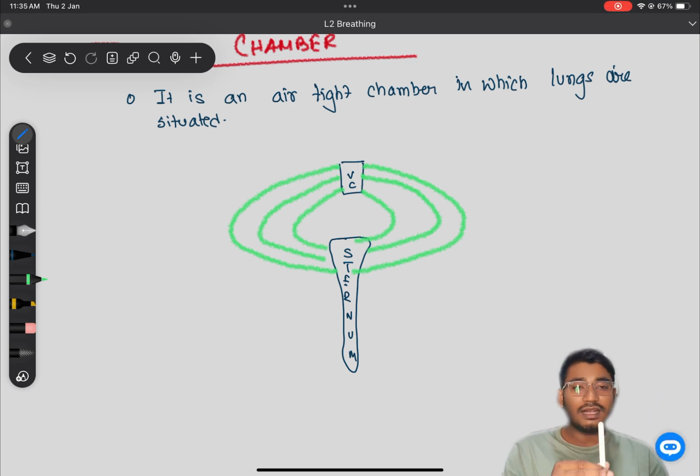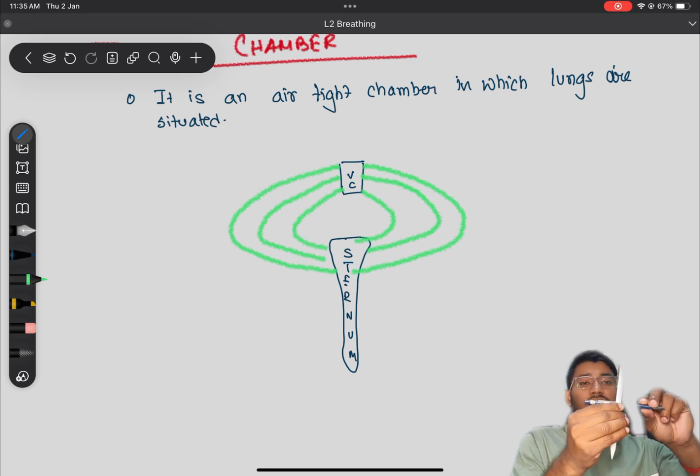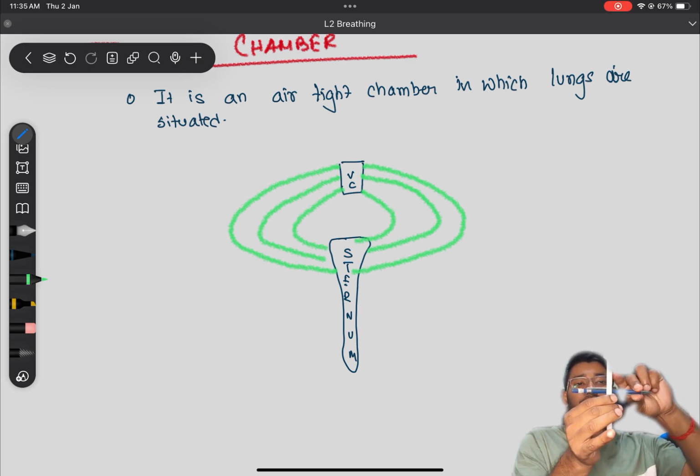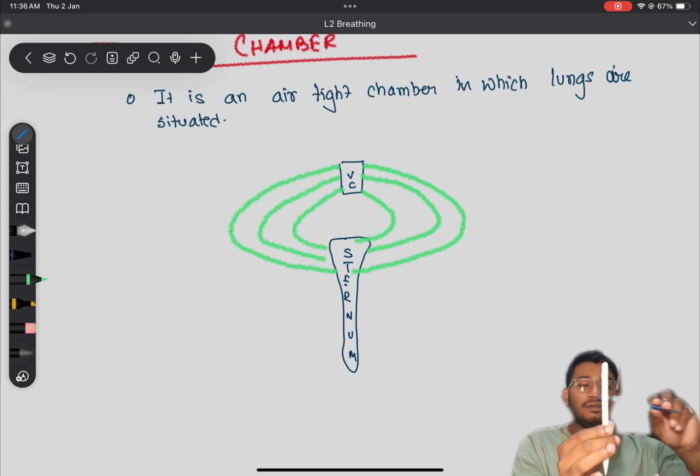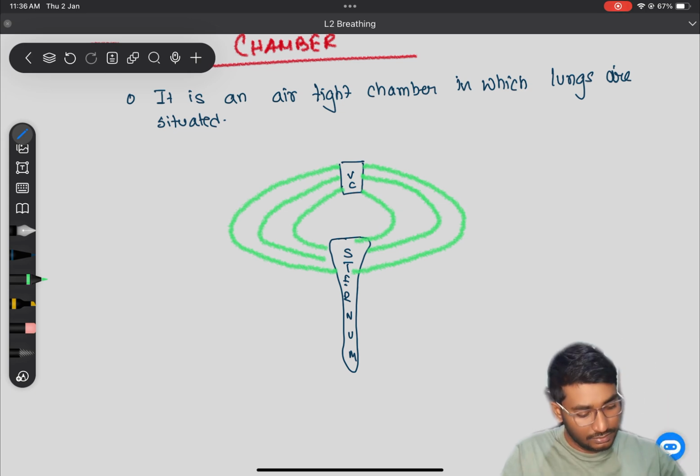Now if I coordinate it into an x-axis and y-axis, this upper half is called the upper extremity and the lower half is called the lower extremity.